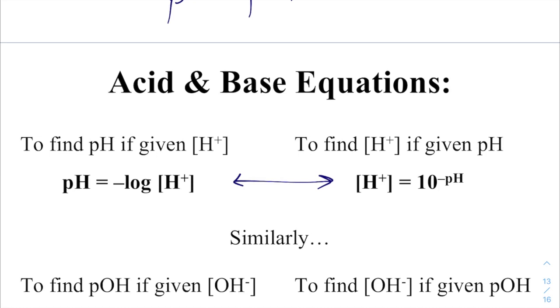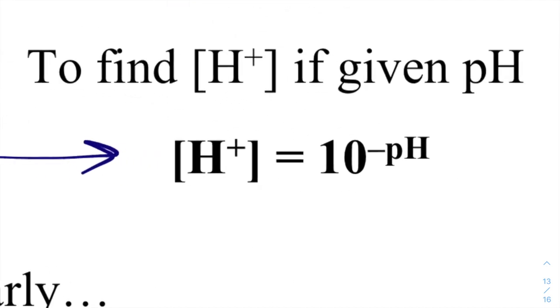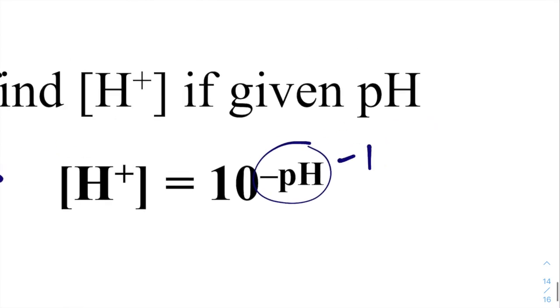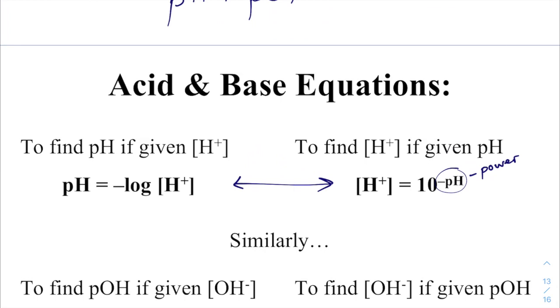So the opposite of negative log of hydronium, if you wanted to find hydronium, you would have to take 10 to the and raise it to the power. That's an exponent power. In both these cases, the negative sign is purely cosmetic so that our pH ends up being a positive value. But I raise it to the power, and we'll do examples of using those.